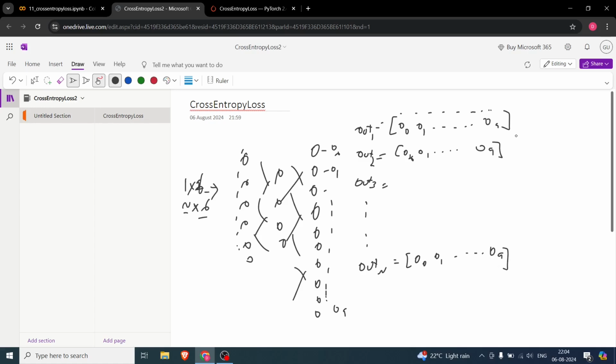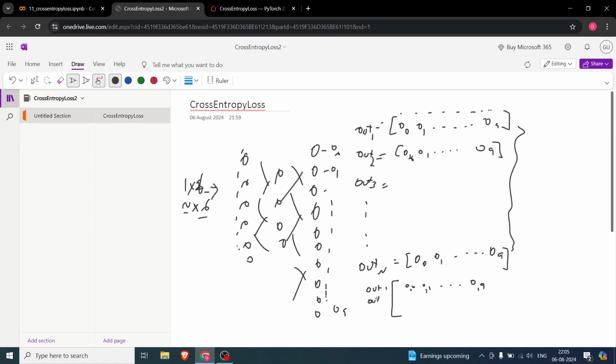If you try to put it in the form of a matrix, this is very important, this is what we'll be using in our example, so listen very carefully. Out of 1 was O0, O1 up to O9. Let's put an index on this so that we don't get confused. So it is O of 10, O of 11 up to O of 19.